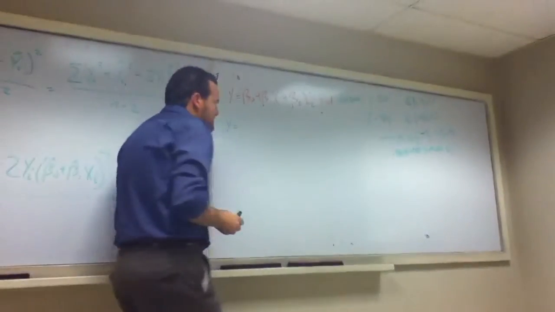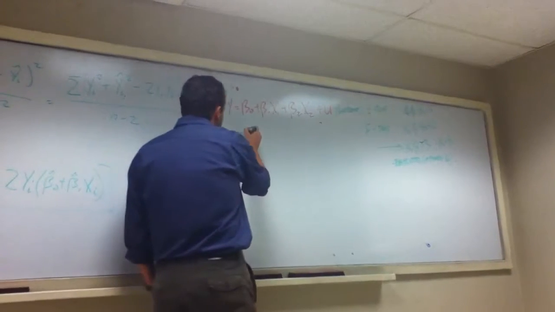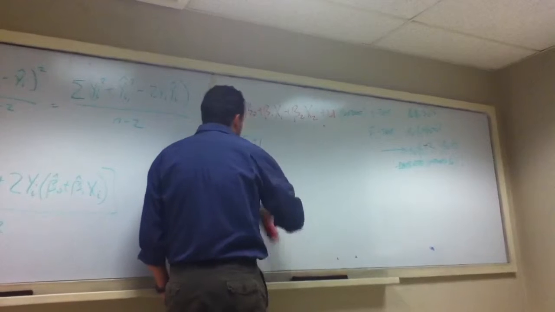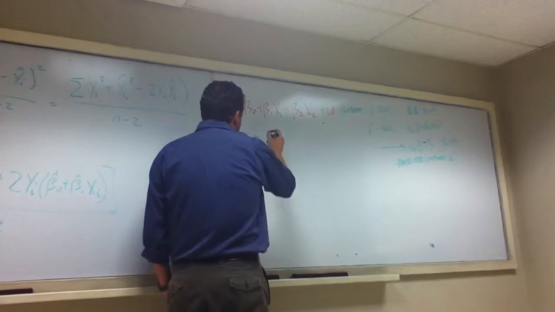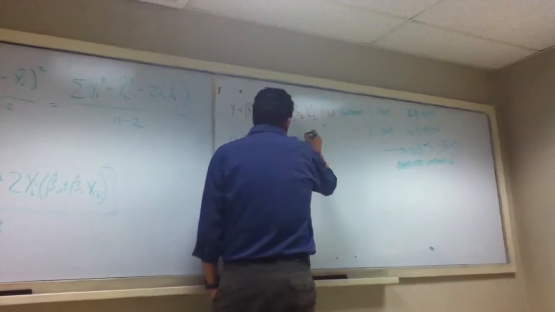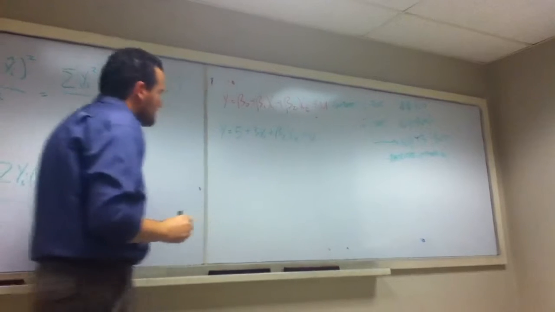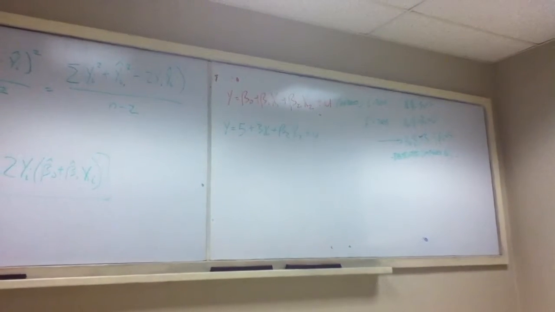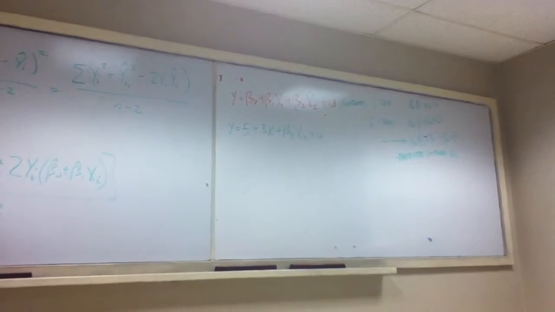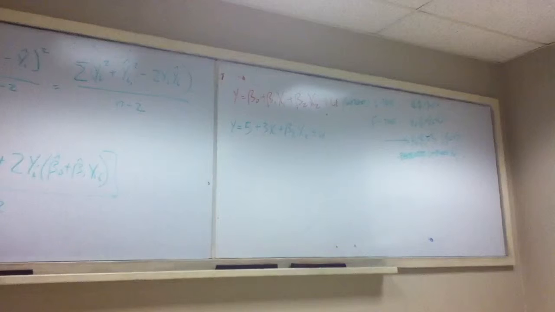For that, we just substitute in what we have in the null hypothesis: beta 0 equals 5 and beta 1 equals 3. So this is our restricted model, but obviously we can't run this in SAS. SAS is going to have big problems if we say, make sure that beta 0 is equal to 5 and beta 1 is equal to 3.